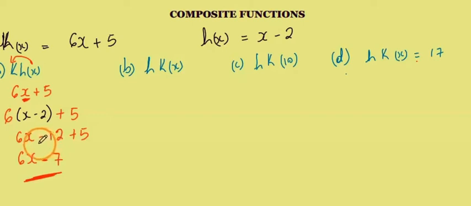The next question is h of k of x. So in this case, we are going to work from right to left. We are going to substitute the k function into the h function. So we are just going to write out the h function, which is x minus 2. Because it says x minus 2, I'm going to put the k function where I see x in my h function.